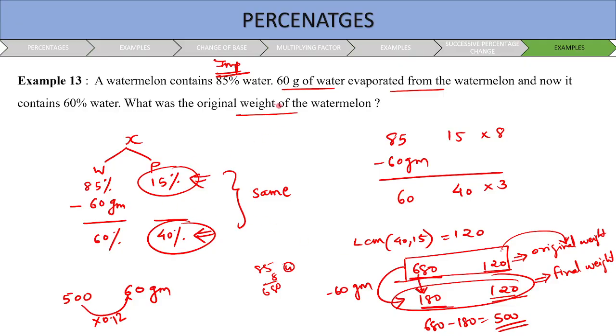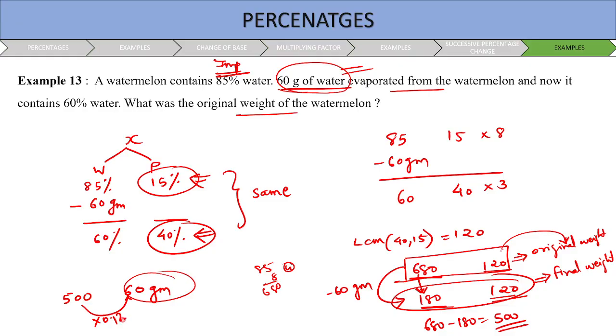But in the question, they have mentioned that I am losing 60 grams of water. In this case, I am losing 500 grams. So I have to multiply this 500 by a particular value so that I get 60 grams, and that value is 0.12.